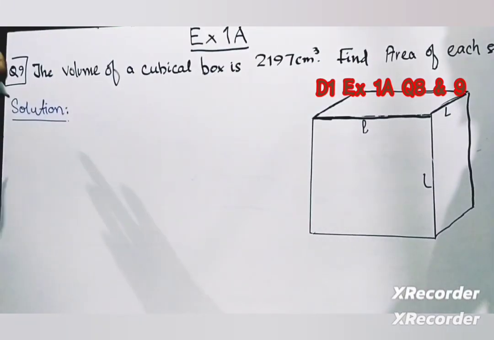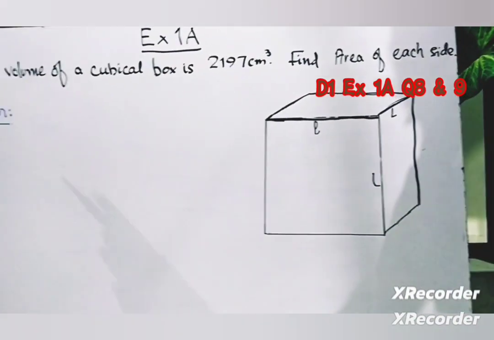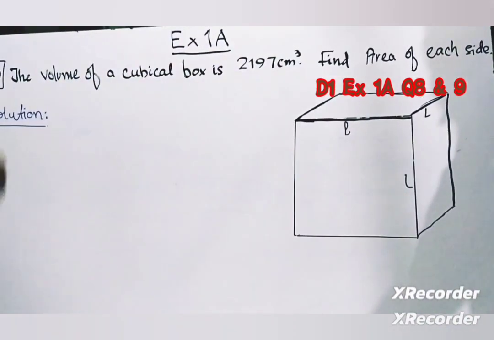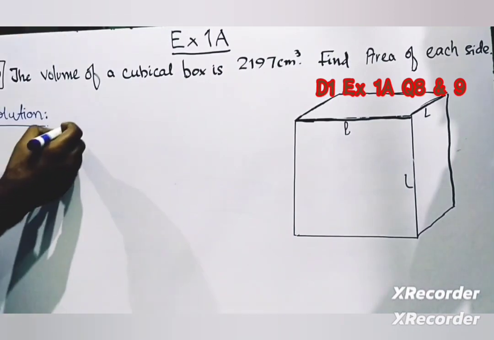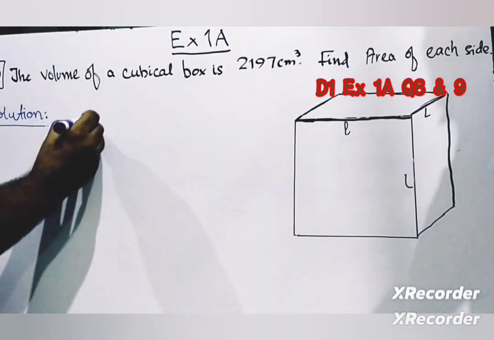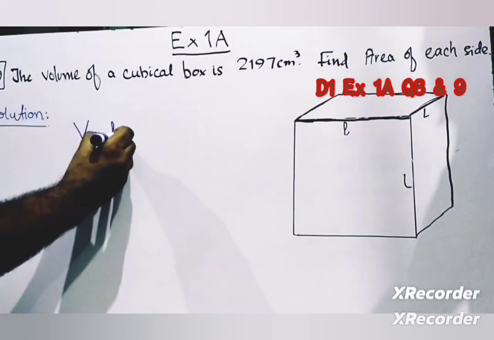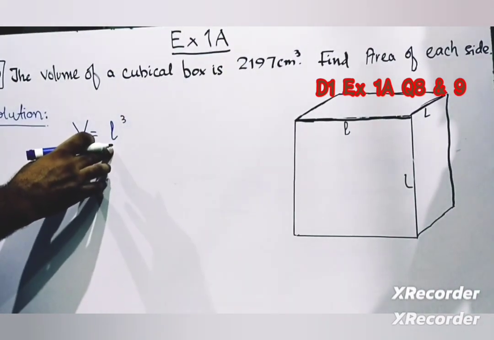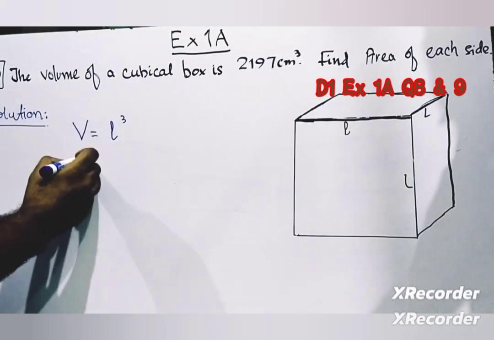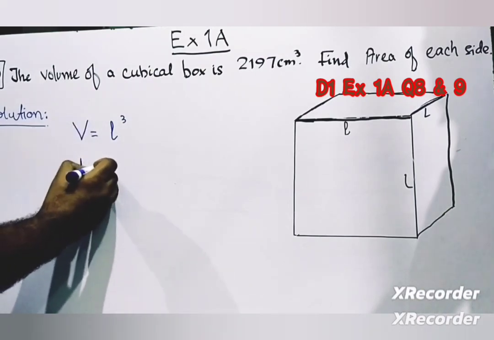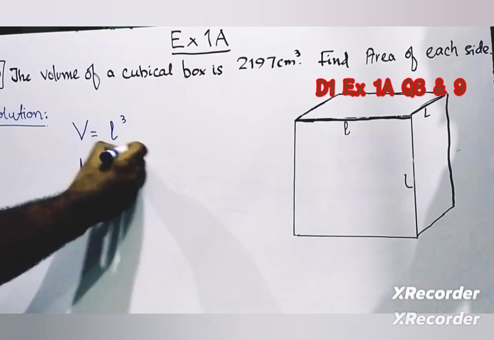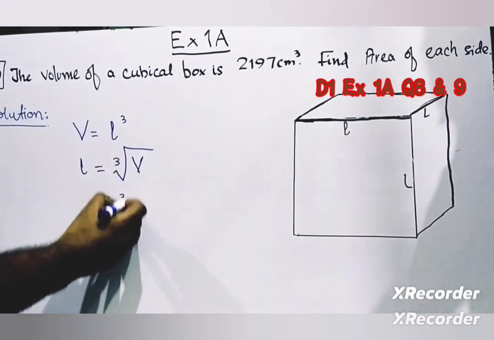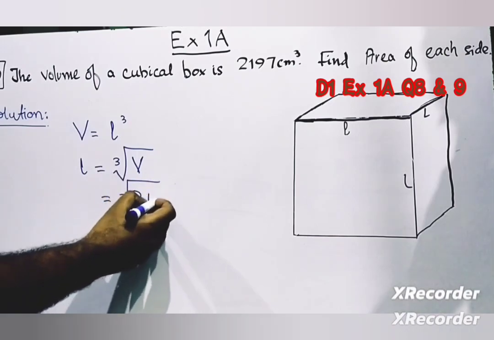Now moving forward to question number 9. A similar type of question. The volume of a cubical box is 2197 centimeter cubed. Find the area of each side. As we know, the volume of a cube is V equal to L cubed. L represents the side of the box. So if we have to find L, we can get it by the cube root of the volume, that is the cube root of 2197.